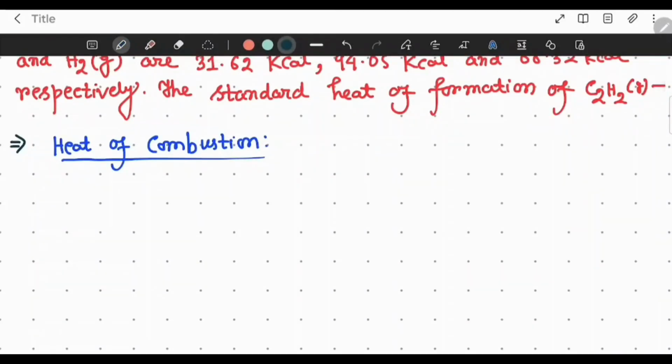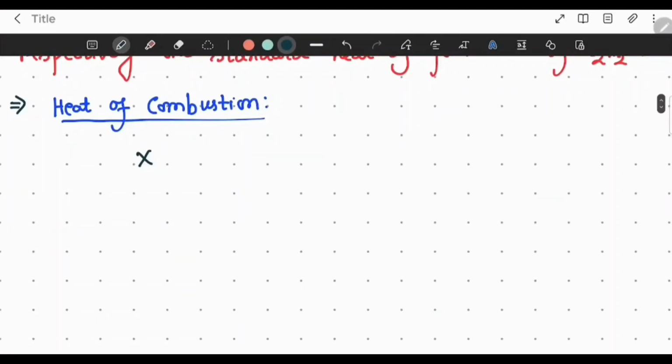Let's say for a combustion process, you are taking a species X that is in gaseous form, and when it comes close with oxygen, combustion occurs, and after combustion, it will produce an oxide. We don't know the valency of X, but it will be some oxide, XO2, like this. We have to understand the things first.